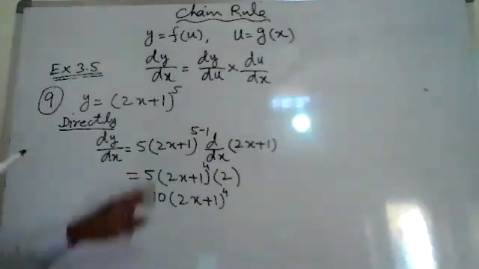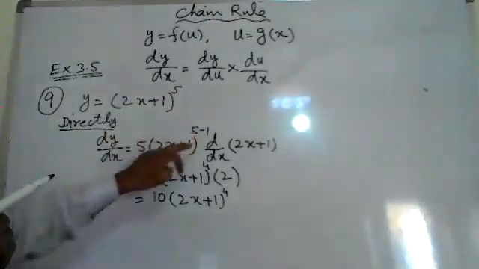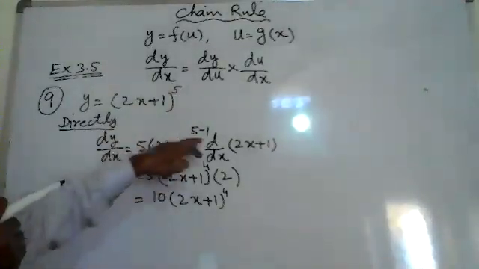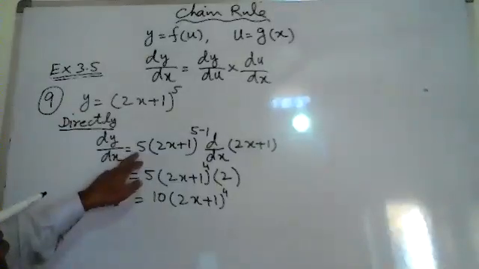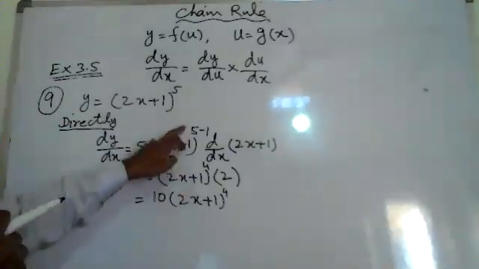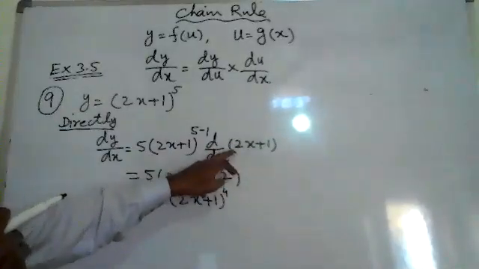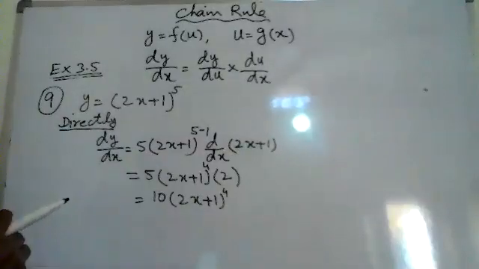So first we take the power over there, then 1 will be subtracted from the power, then into the derivative of what is inside the bracket. It will become 5 (2x plus 1) raised to power 4, 5 minus 1 will be 4, into the derivative of 2x plus 1. The derivative of 2x will be 2 and the derivative of 1 will be 0.